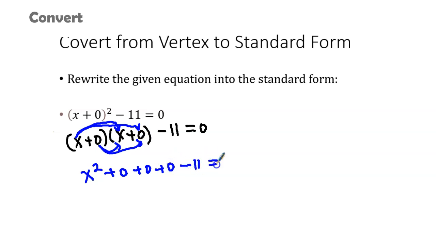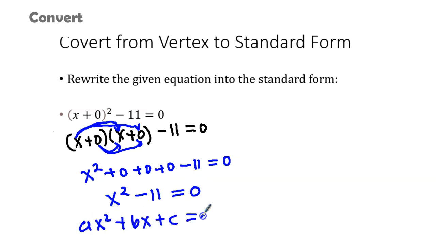Minus 11 equals to 0. X squared minus 11 equals to 0. This is of standard form.